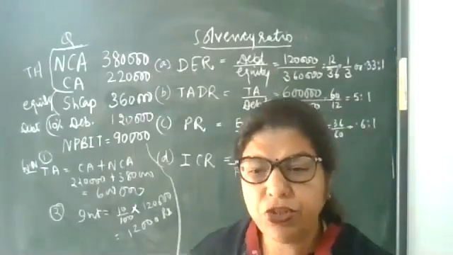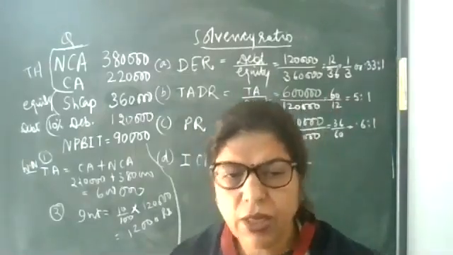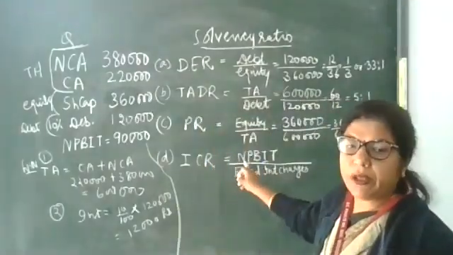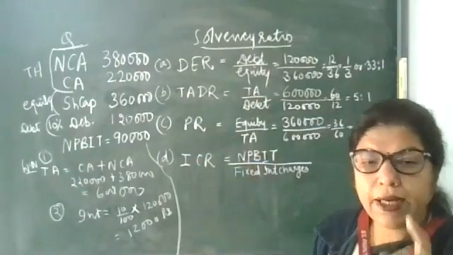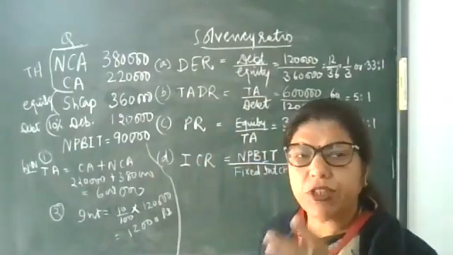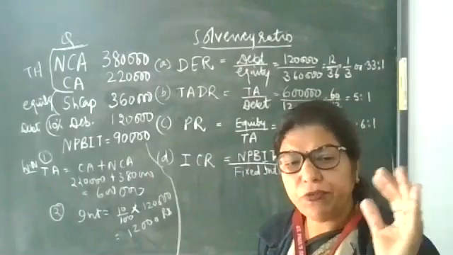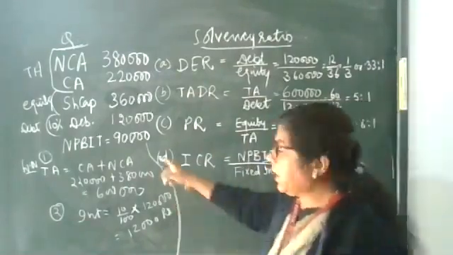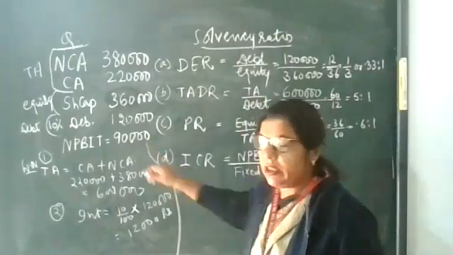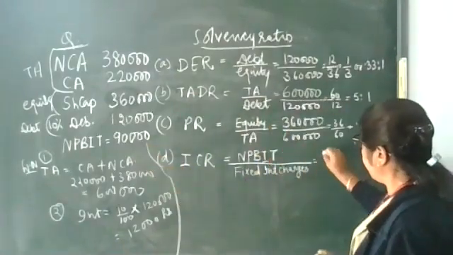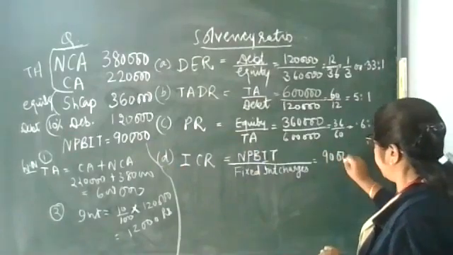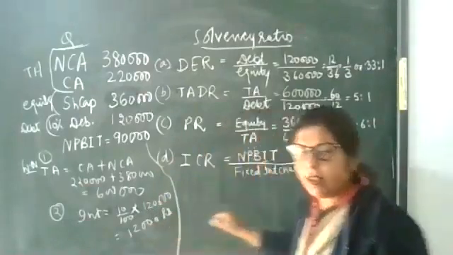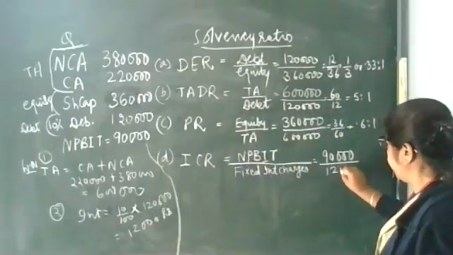Now the last is ICR, interest coverage ratio, and the formula is NPBIT, net profit before interest and tax, upon fixed interest charges. See, my dear children, NPBIT is 90,000 and fixed interest charges is 12,000.